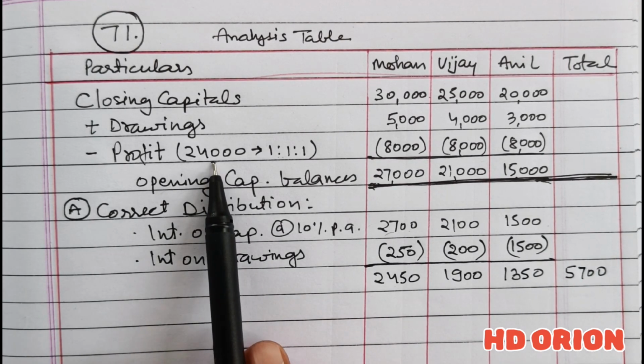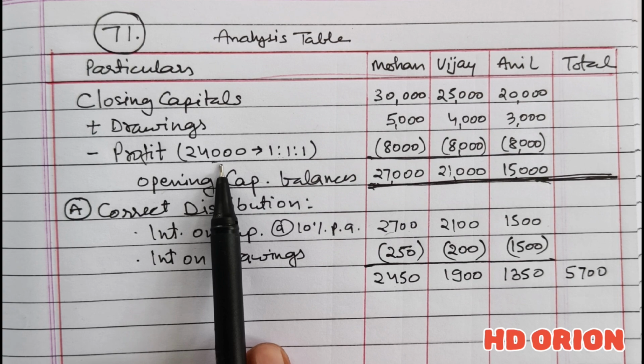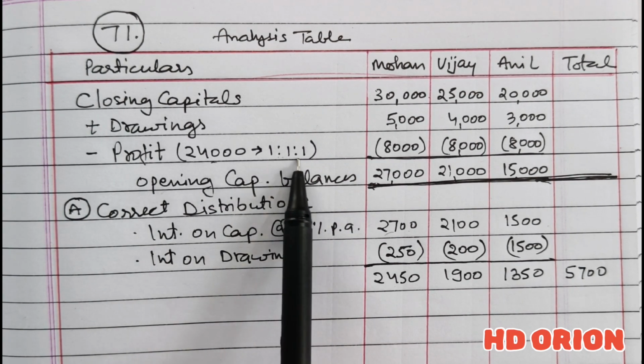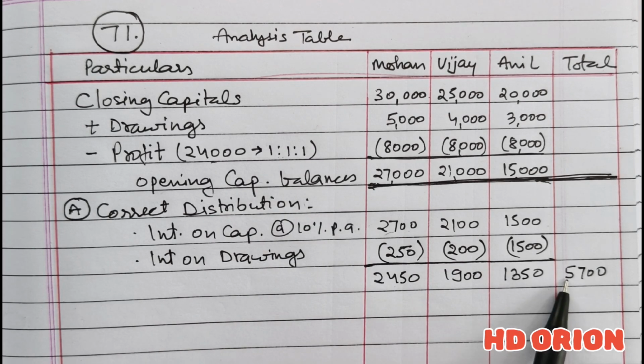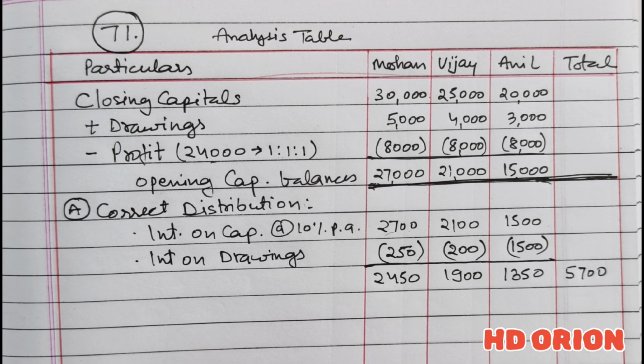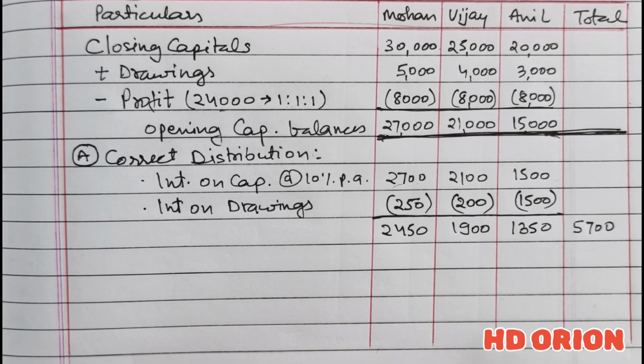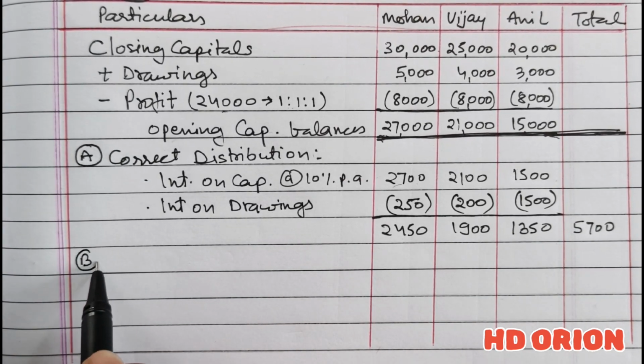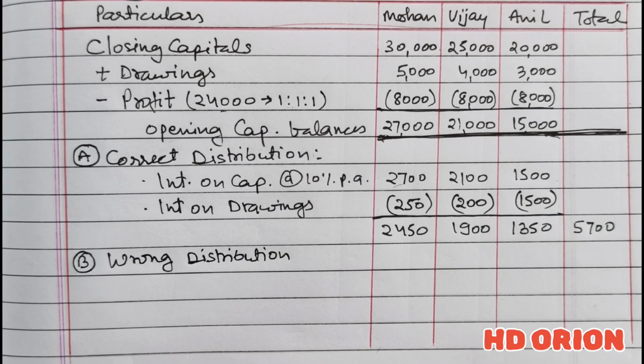So out of 24,000 which the firm has paid to the partners, wrongly paid to the partners in their profit sharing ratio, 5,700 was supposed to be paid to them in this way. Fine, which has been wrongly appropriated or distributed to the partners, and therefore B we will write here, that is wrong distribution.